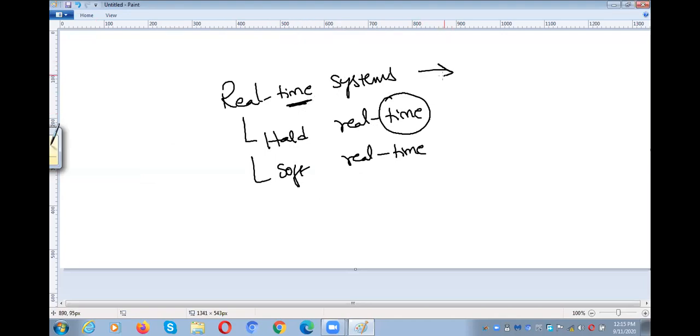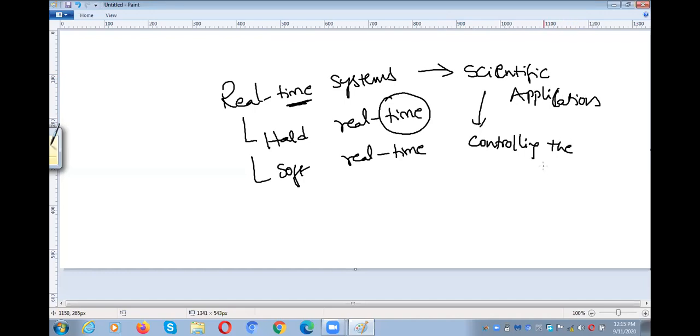So these types of systems are used in scientific applications, meaning controlling applications. For example, at a rocket launch, even microseconds, nanoseconds are very important.